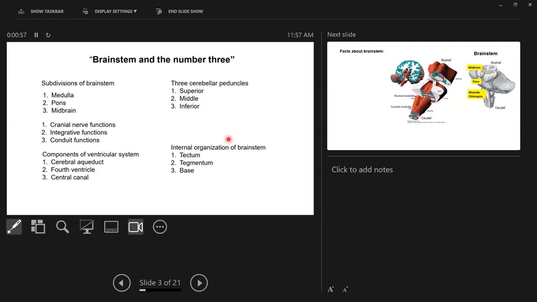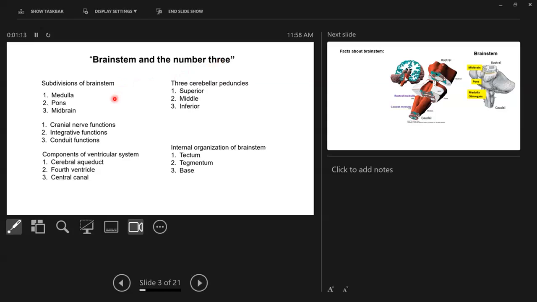As far as organizational features of brainstem are concerned, we use the number 3 as a really useful number.